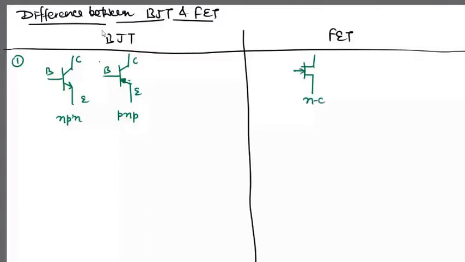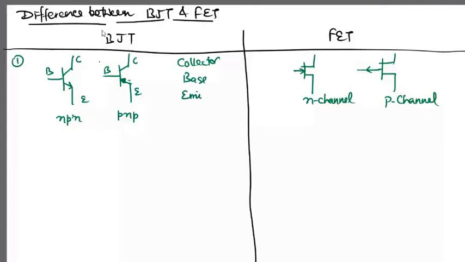For N channel, and this is for P channel. Here is the concept of channel, instead of the concept of base region. In the BJT there are three terminals: collector, base, emitter.